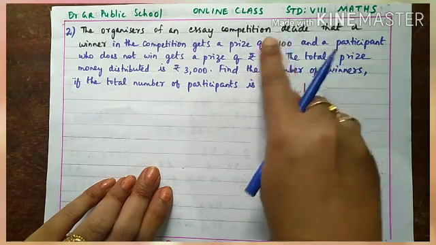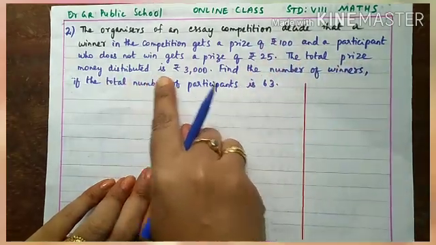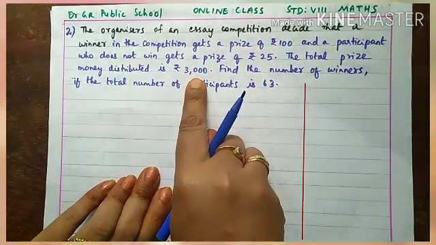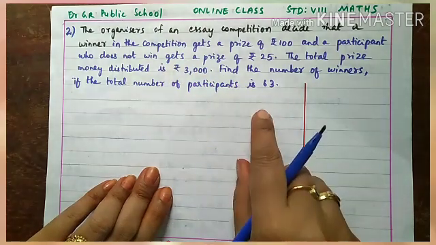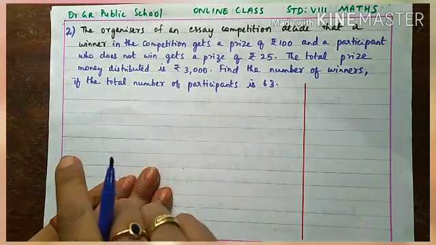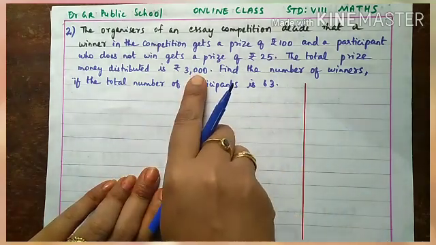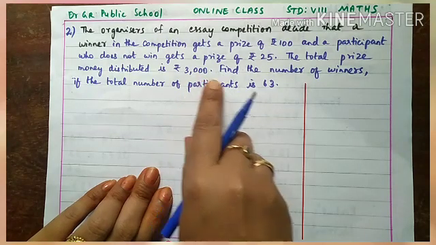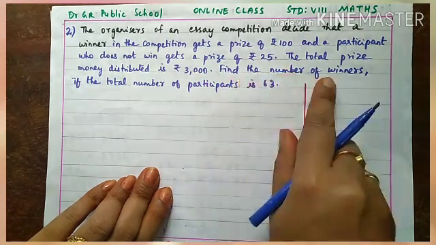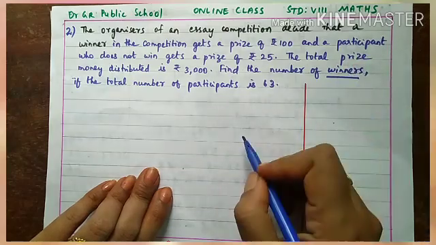Now for this money to be distributed, the total prize money distributed is rupees 3000. So however many participants there are in the competition, everybody is getting cash prizes, and for all that money they have a total amount of 3000 rupees. Okay, so we want to find the number of winners only. The winners, how many are there?